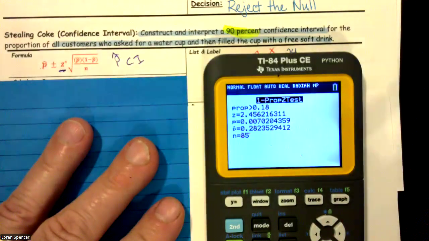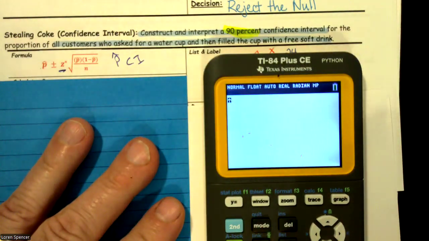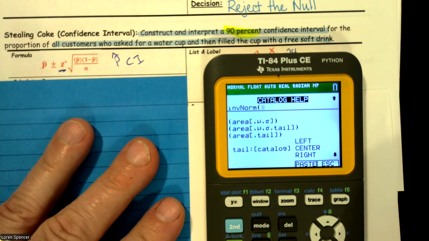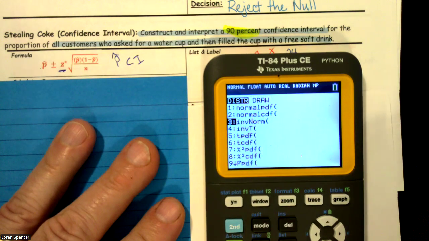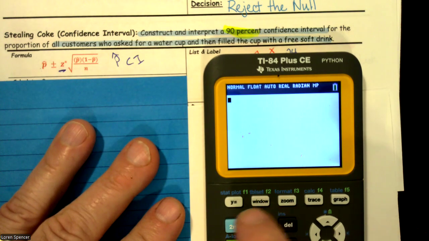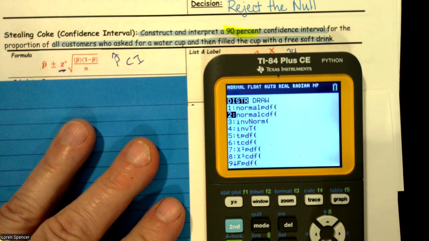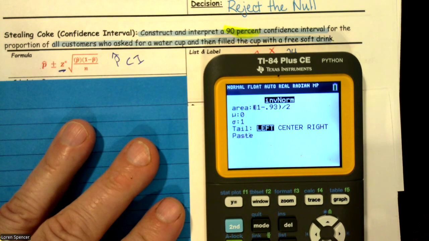So we're going to calculate that by going 2nd, Vars, invNorm, parenthesis 1 minus 0.90, close parenthesis, divided by 2.